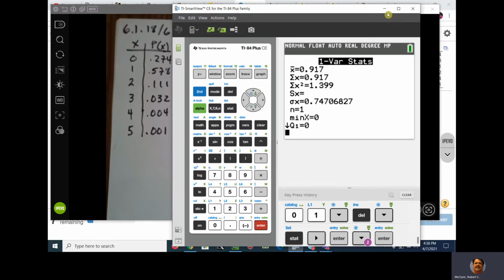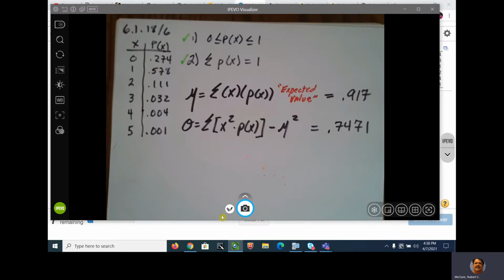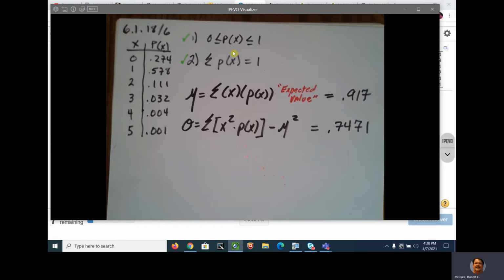Now, as I've been telling you from chapter 3, whenever you have the mean and the standard deviation, you may be asked to draw the curve.